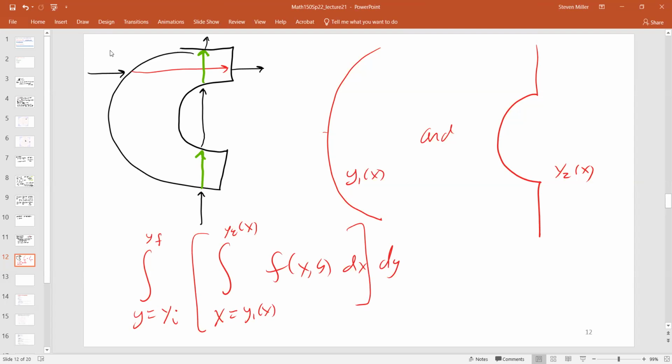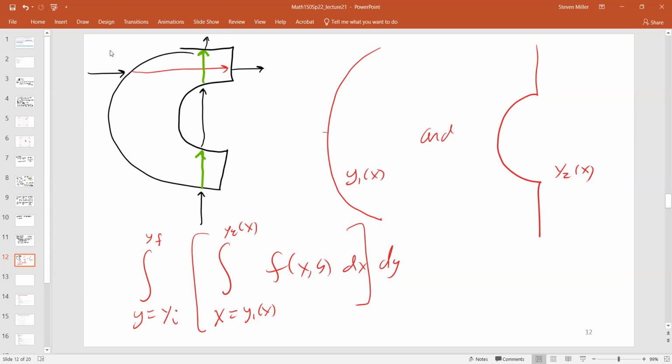If I wanted to try to do this the other way, if I wanted to fix x and integrate with respect to y, this would be a challenge because I leave the region and I come back. So one possibility is to say, I'm not going to do it vertical, and I'm going to do horizontal. I'm going to fix a y and move horizontal. I'm going to do the x integration first.